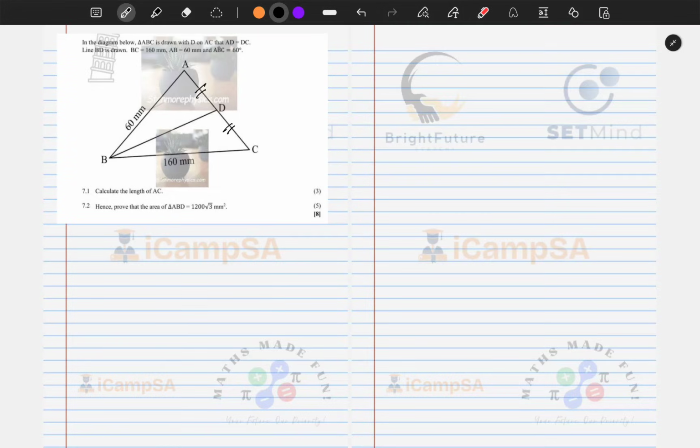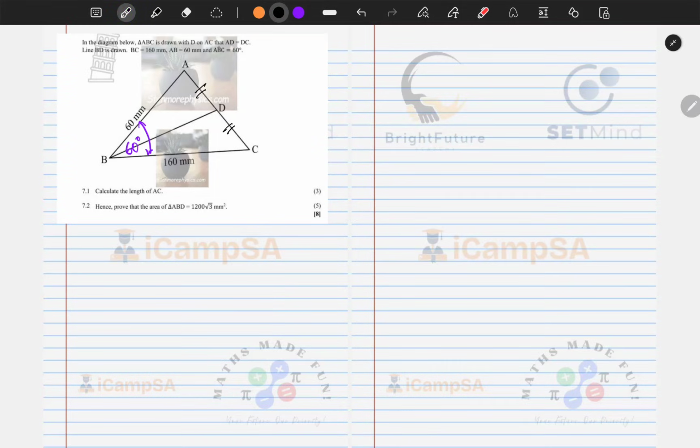So line BD is drawn. So BC is equal to 160 millimeters. AB is equal to 60 millimeters. And we are being told that angle ABC is equal to 60 degrees. So this entire angle is going to be equal to 60 degrees.